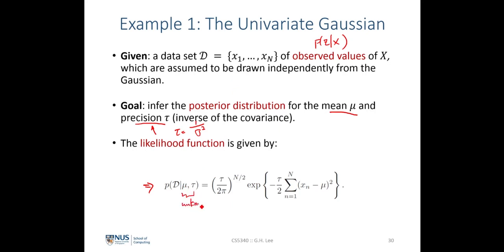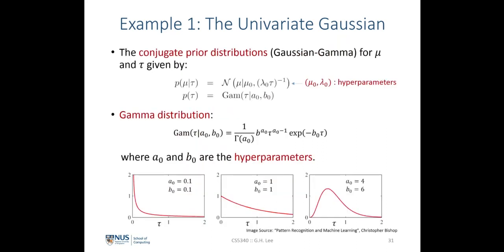So this particular example is one where, given a set of observations, we are going to look at how to infer the unknown parameters, where the probability distribution is given by the Gaussian distribution as written in this expression here.